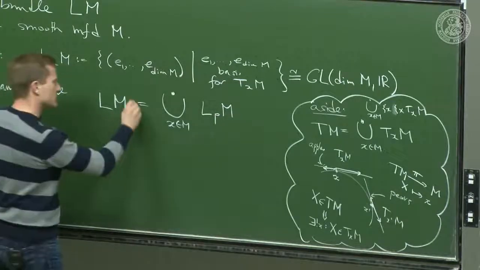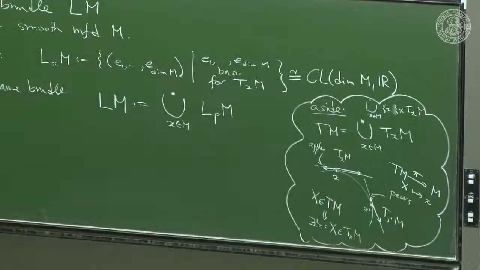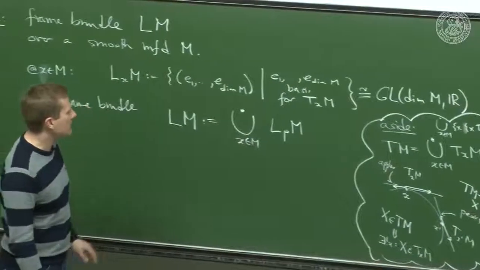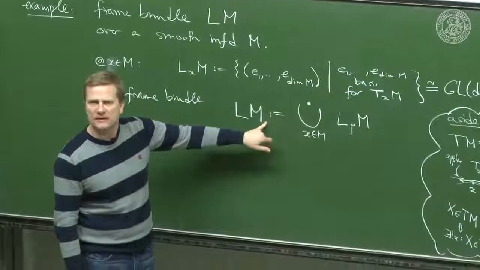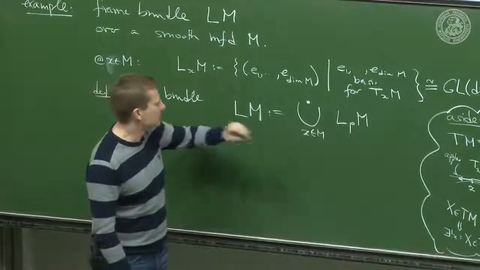But this is the definition we want to make in complete analogy to the tangent bundle, and then we equip this guy, we want that this guy inherits an atlas, say a smooth atlas, because we just work in a smooth category here.